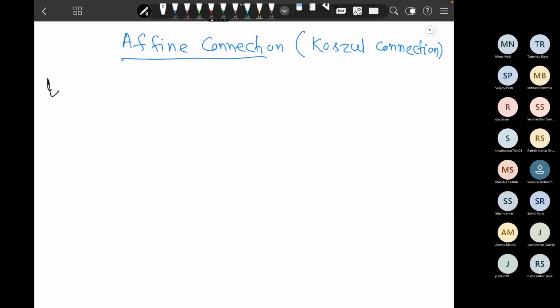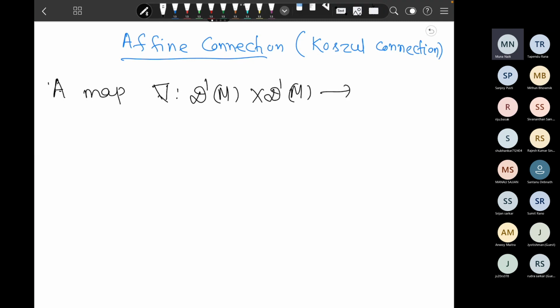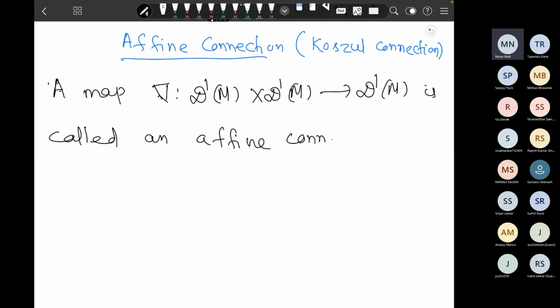So a map nabla from D1(M) cross D1(M) to D1(M) is called an affine connection if, I will write nabla_X Y, I am not writing nabla(X, Y).